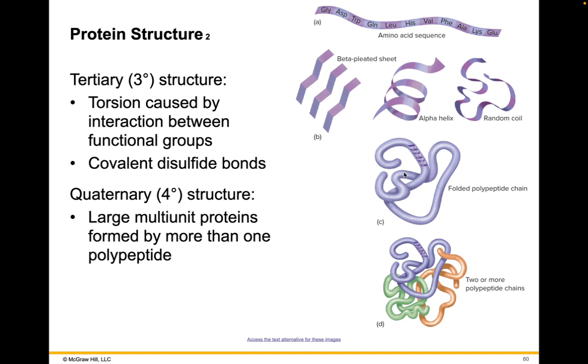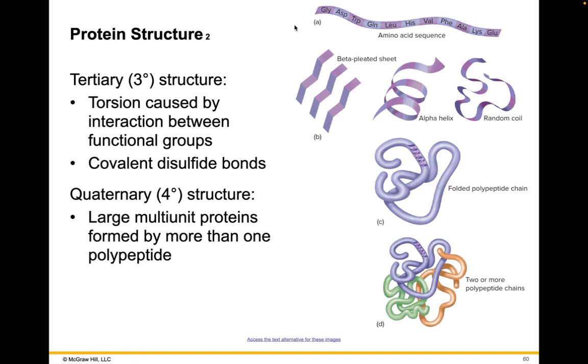Some proteins will have quaternary structures, because quaternary structure is just multiple tertiaries put together. So notice the one we just built, it's a part of this larger protein. So a quaternary structure has 2 or more of these polypeptide chains.